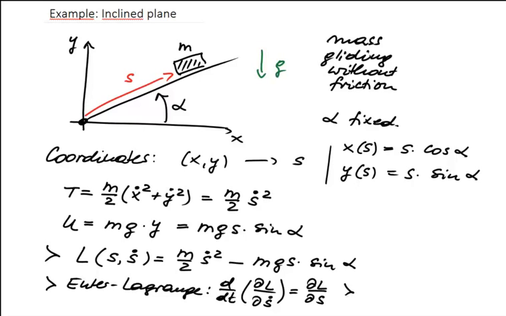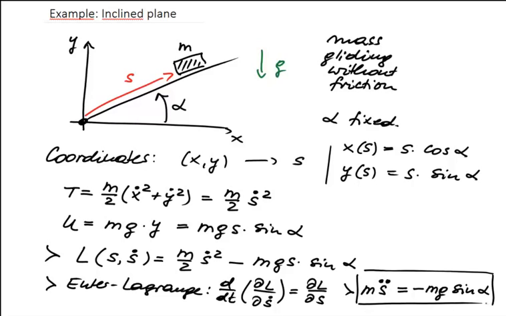And we can simply insert the Lagrange function that we have on the line before. So the partial with respect to s dot gives us m s dot, and then we take the derivative with respect to time. This gives us m s double dot. And on the right-hand side, the partial with respect to s gives us minus m g times the sine of the inclination angle.